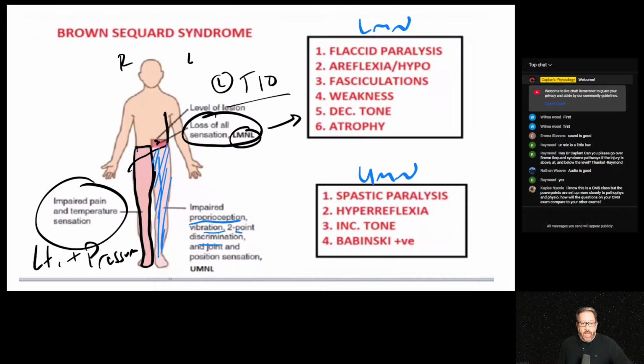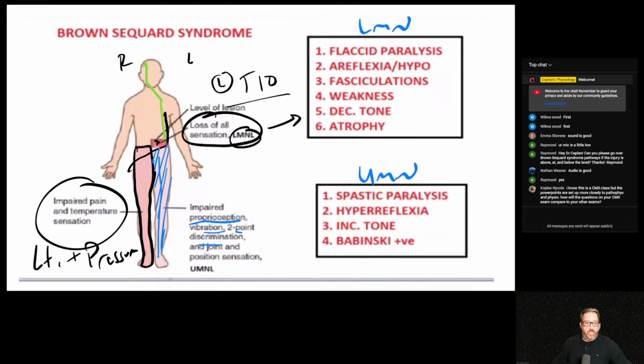Now, because the upper motor neuron, and remember, I'll put it in green, the upper motor neuron starts all the way up there in the precentral gyrus. This one nerve, well, I'll put it on the right because it crosses over. Okay, we start here. The same nerve comes over, crosses over, and goes down all the way.